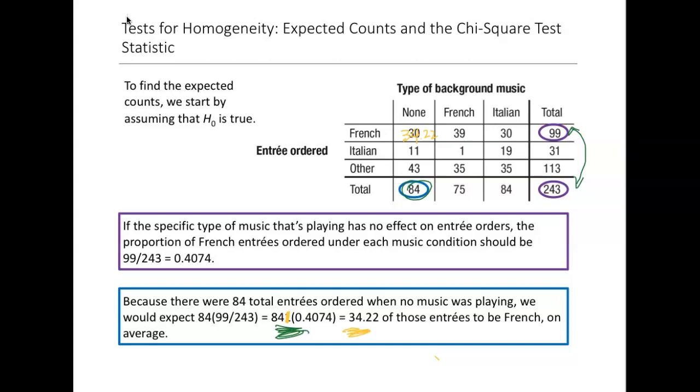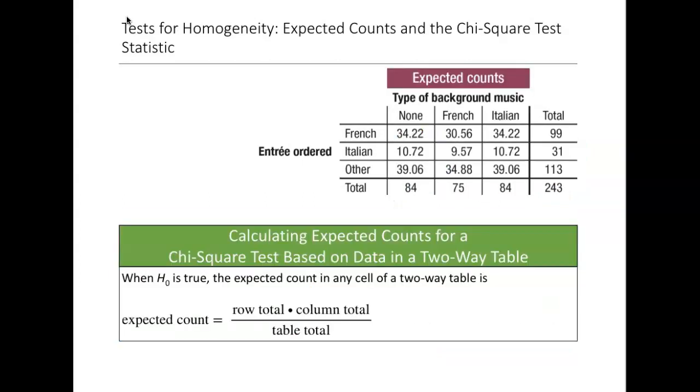And we can do that for every cell in the table and get an expected count. The formula for expected count is row total times column total divided by table total. So 99 times 84 divided by 243 got me the 34.22.